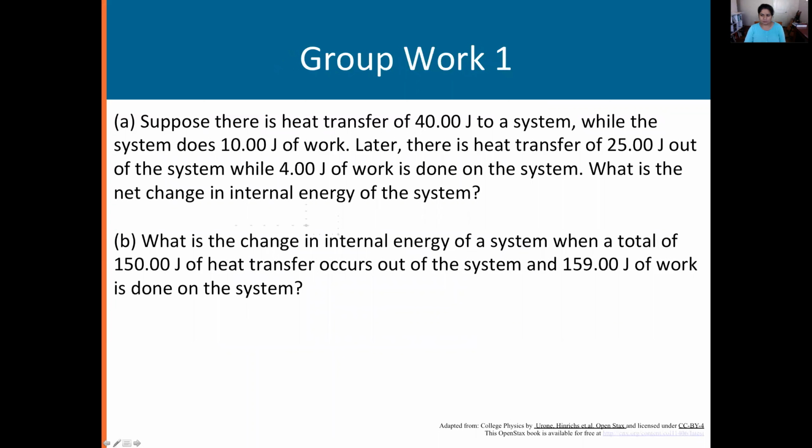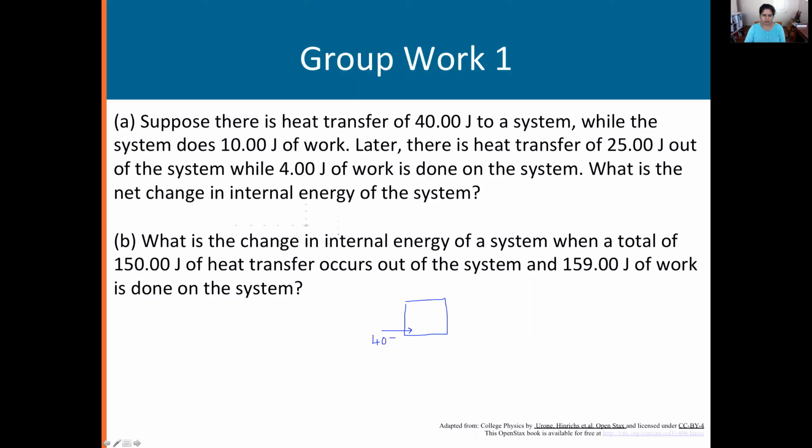Let's do a simple problem on this. Let's say we just do part A and then you can do part B. Suppose there is a heat transfer of 40 joules to a system. So I'm going to make my system, let it be this box, and I'm going to transfer in some Q, which is 40 joules.